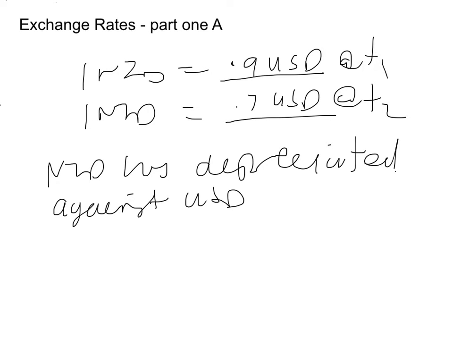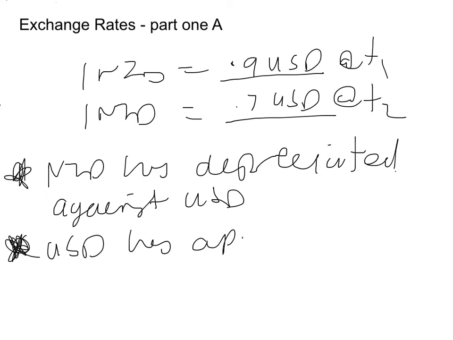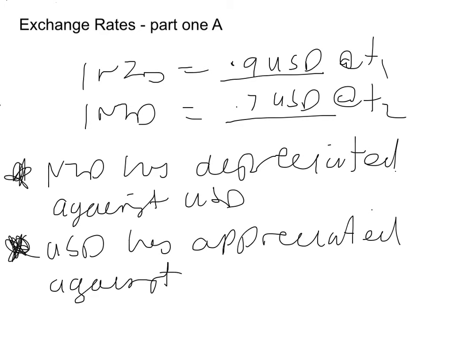This is also going to be a true statement, and we'll come back to it shortly: the US dollar has appreciated against the New Zealand dollar. Both of these statements are true. It's just looking at things from a slightly different perspective. All right, so we'll just park this information. We'll come back to it. Okay.